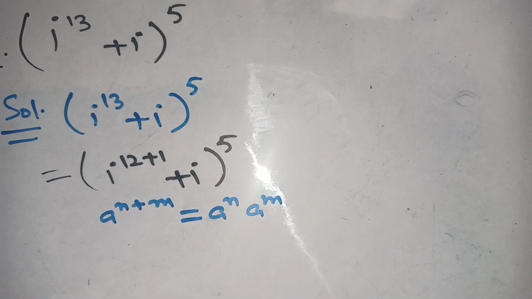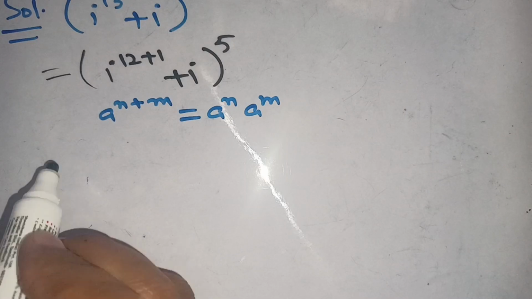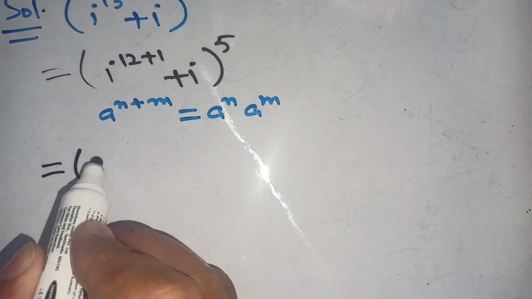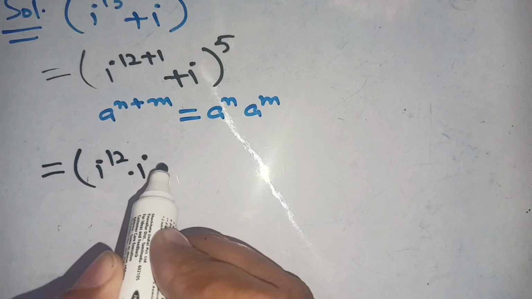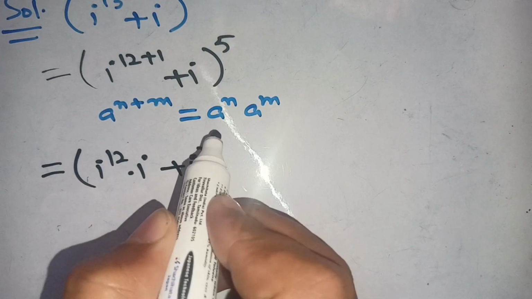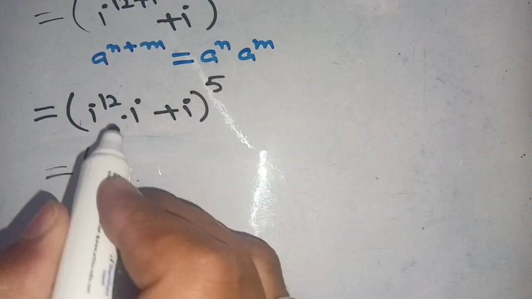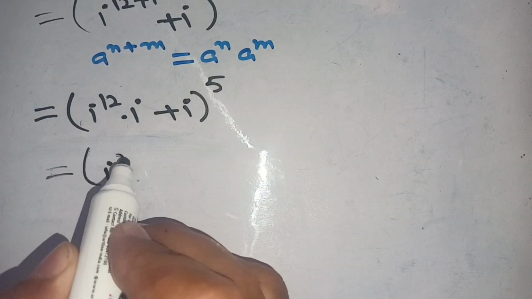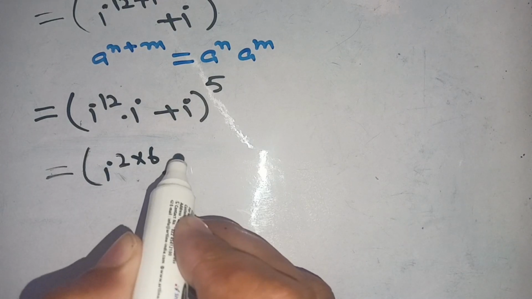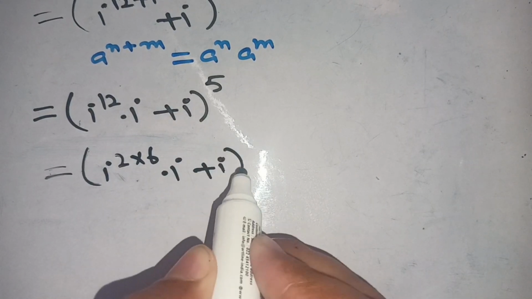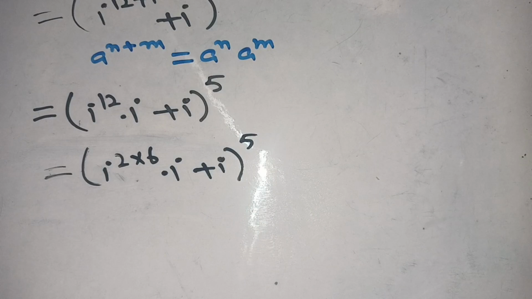Using this identity, our next step becomes iota power 12 times iota, plus iota, whole power 5. Power 12, 12 can be written as 2 times 6.